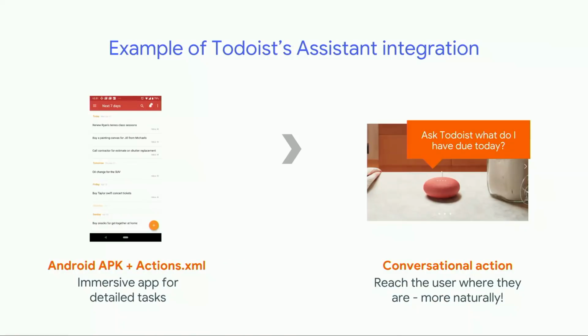Here again, Todoist has thought through the critical user journeys that their users have and figured out that what task do I have due today is a service which goes across multiple contexts, across multiple devices. So they've created a conversational action to provide a single, easy response to what do I have due today.